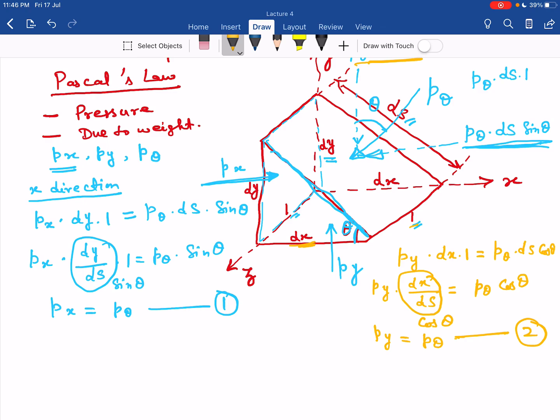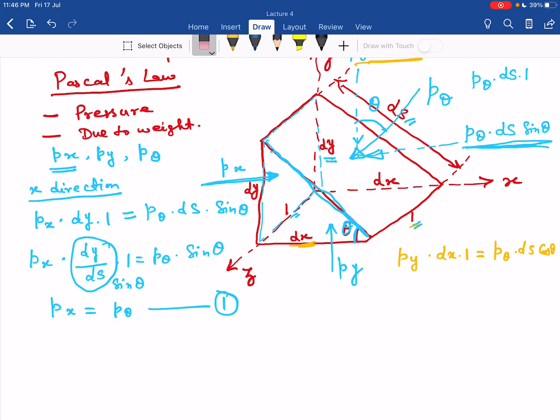Now we are left with the weight also. Now weight of this element is also acting in the downward direction. So we have py into dx equal to P theta into ds cos theta plus weight of this wedge shape element. Now what is the weight of this wedge shape element?